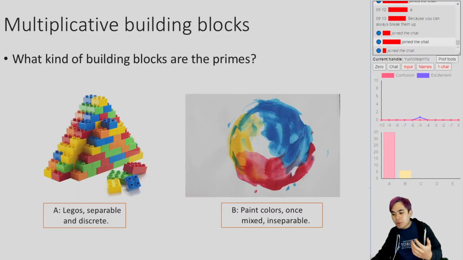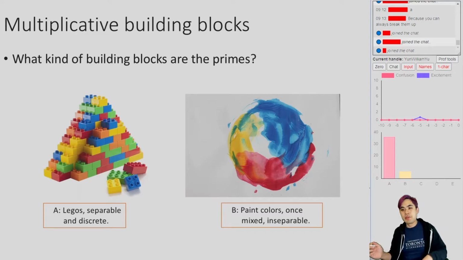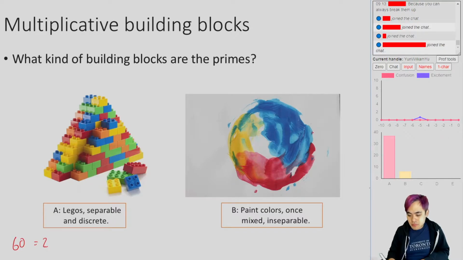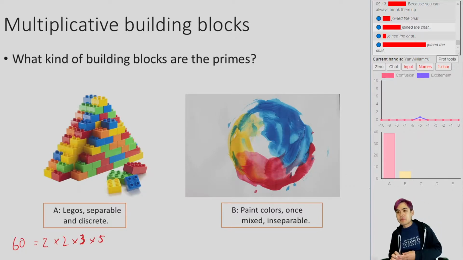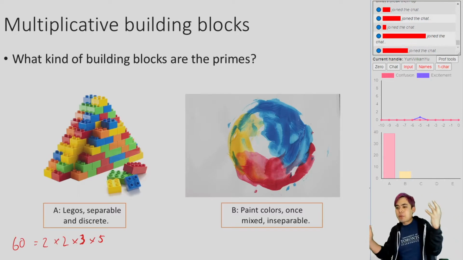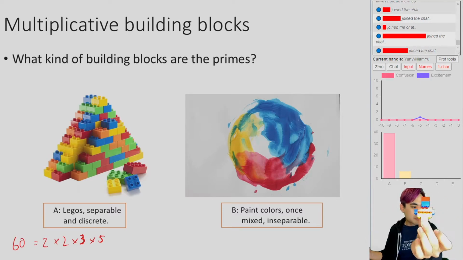Yeah, because you can always break them up, Tiffany, you're absolutely right. And so you get things like 60 is equal to 2 times 2 times 3 times 5. Because you have this factorization, you can both put them together and break them apart. They're really a lot more like Legos.